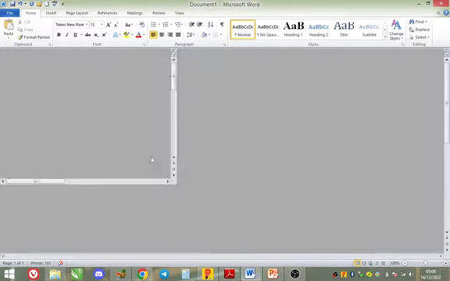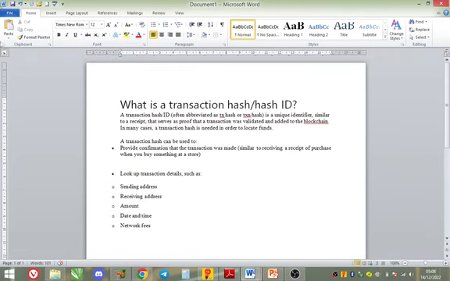What is a transaction hash ID? A transaction hash ID, also abbreviated as what you just saw, Txn hash, is a unique identifier, similar to a receipt, that serves as proof that a transaction was validated and added to a blockchain.